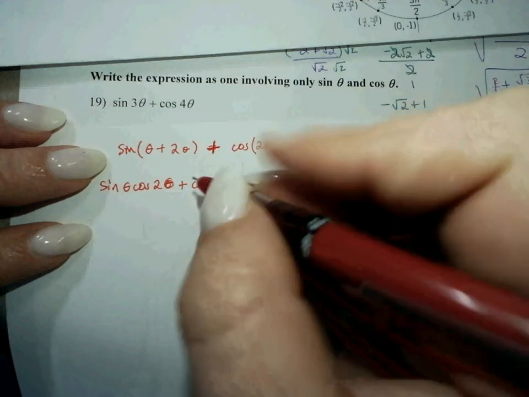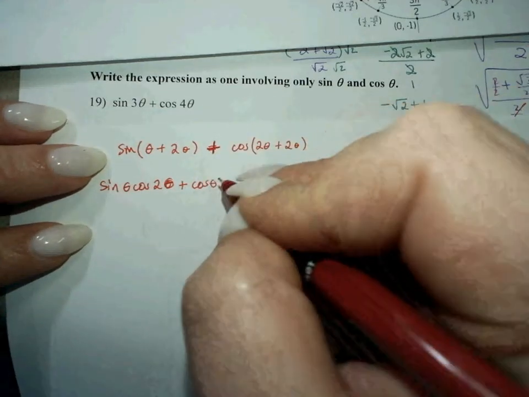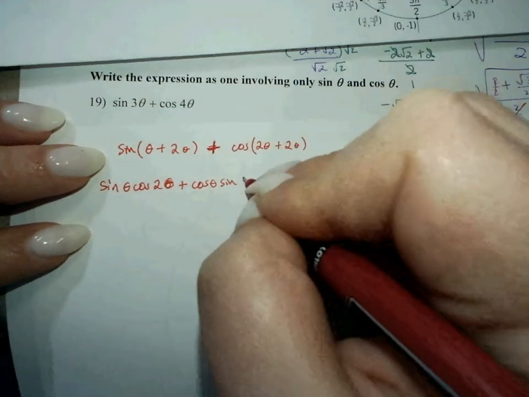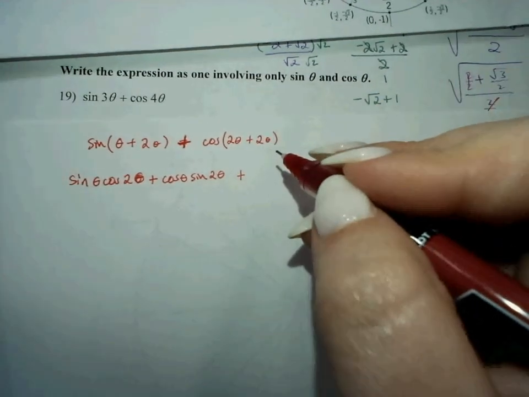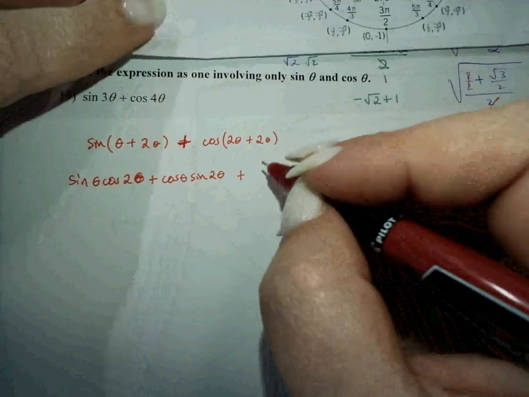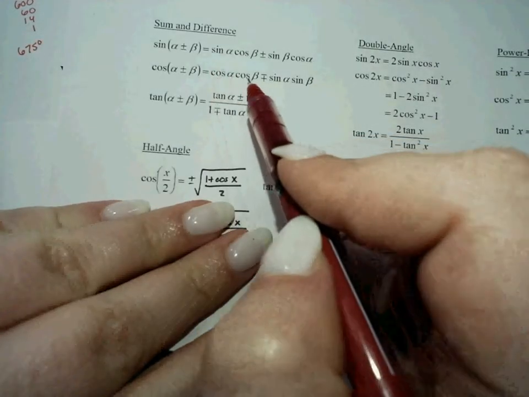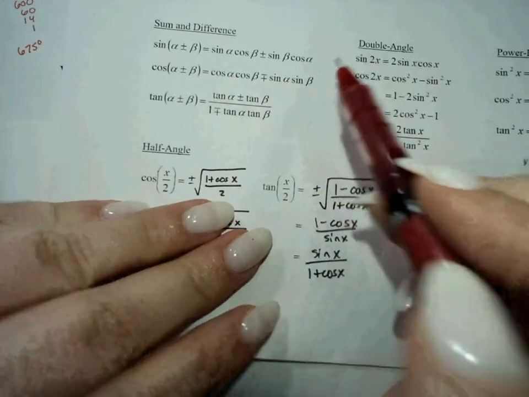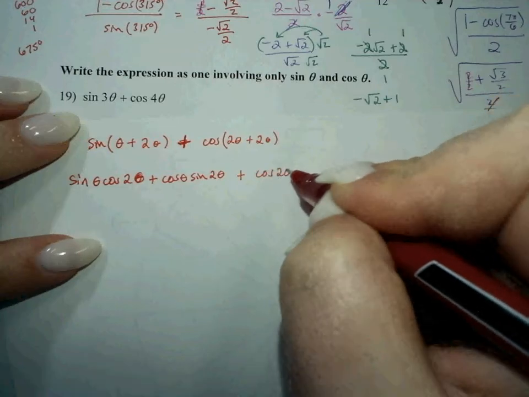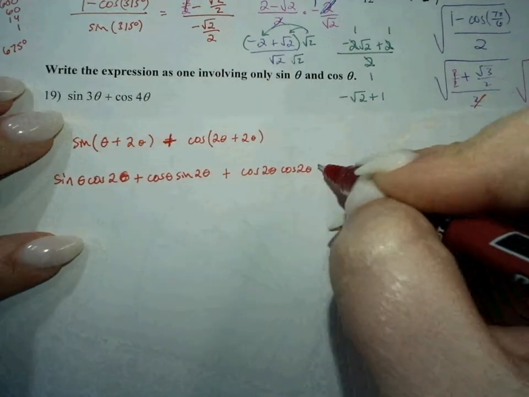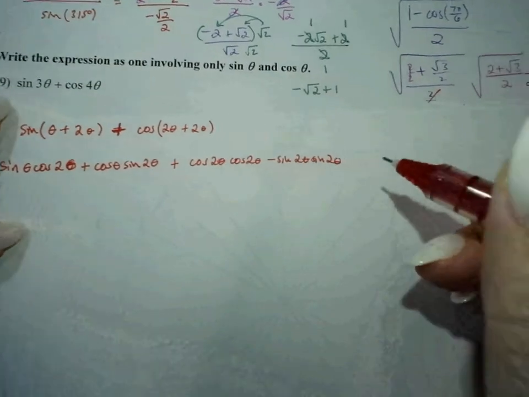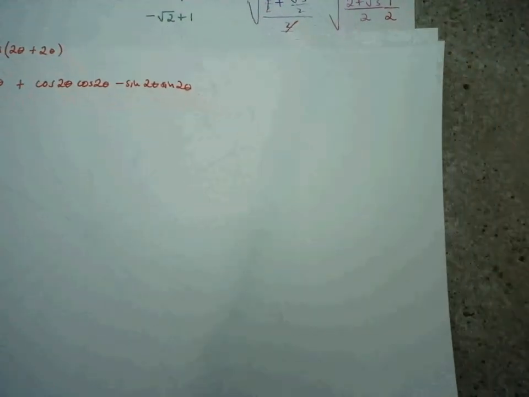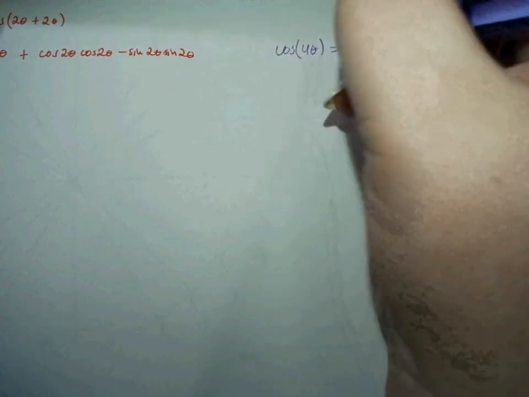This is plus, so plus is still cosine of alpha, sine of beta, plus cosine of 2 theta plus 2 theta is the same thing as cosine cosine and then minus sine sine. So cosine 2 theta times cosine 2 theta minus sine 2 theta sine 2 theta.